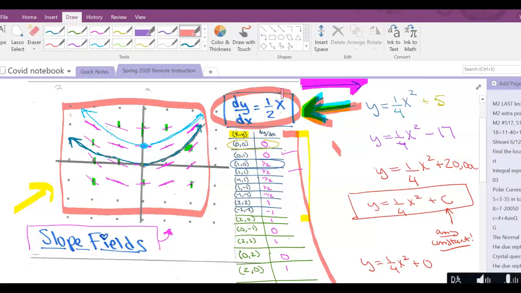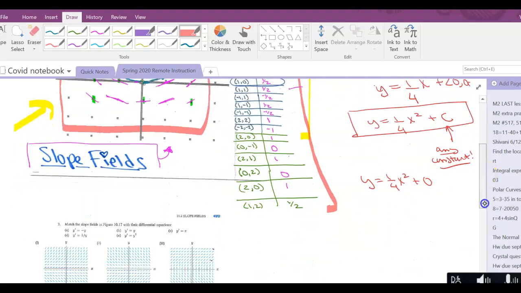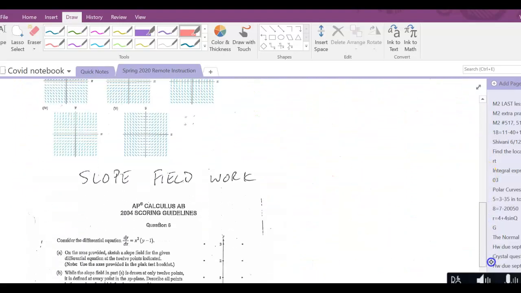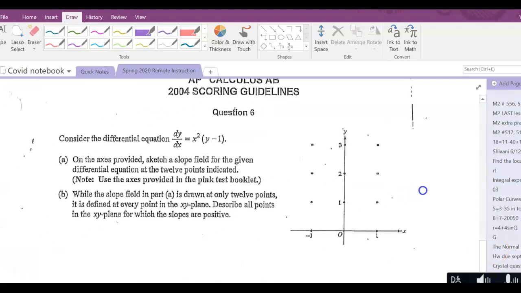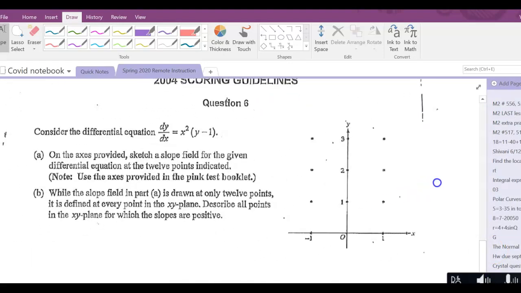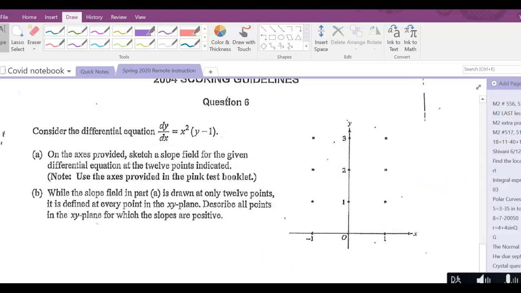All right, scroll down with me, not to the next page of your document, but to this problem right here. Okay. So here's what I want to have you do, everybody. Right now, it says you're given this differential equation. Notice this differential equation has both x and y. On the axes provided, sketch a slope field for the given differential equation at the 12 points indicated.